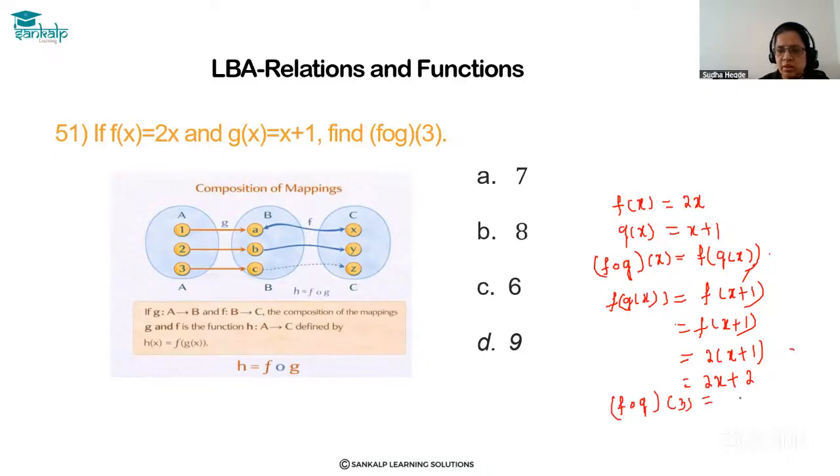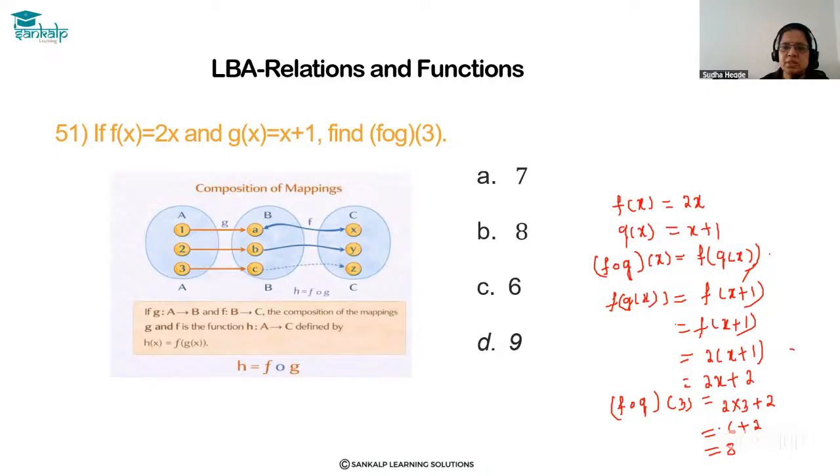That is 2 into, wherever x is there, you take 3, plus 2. So that is equal to 6 plus 2, that is 8.